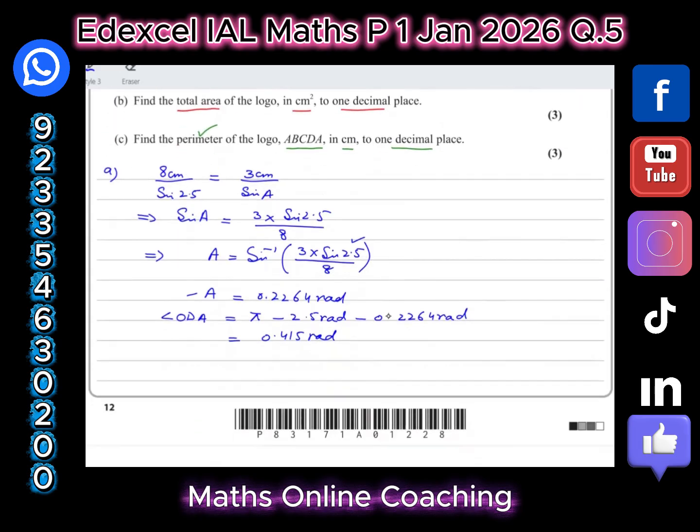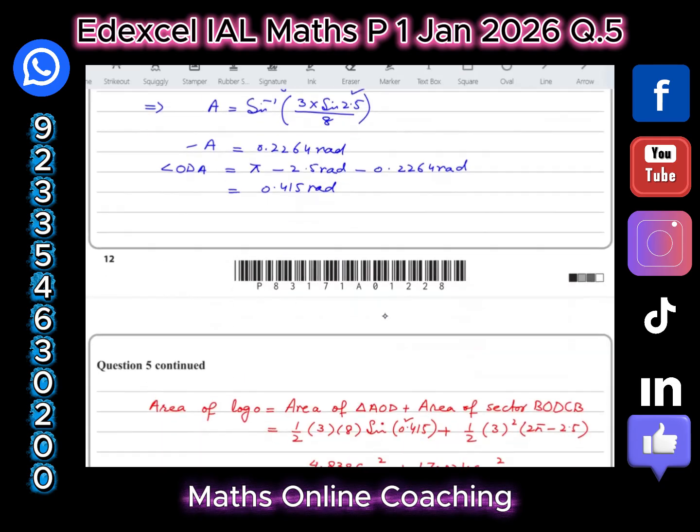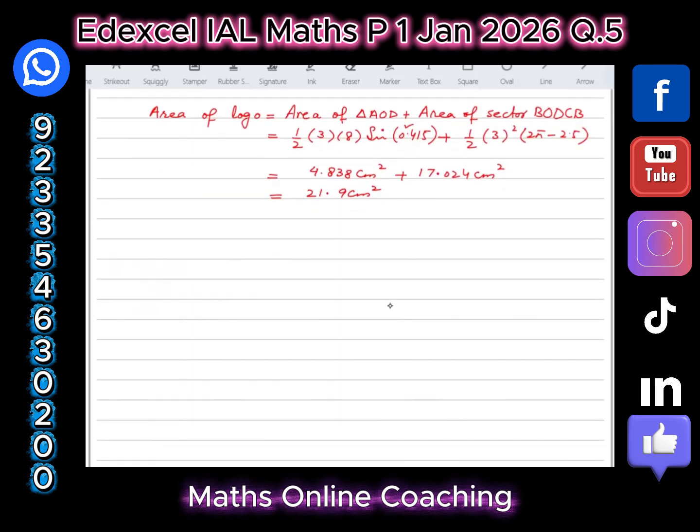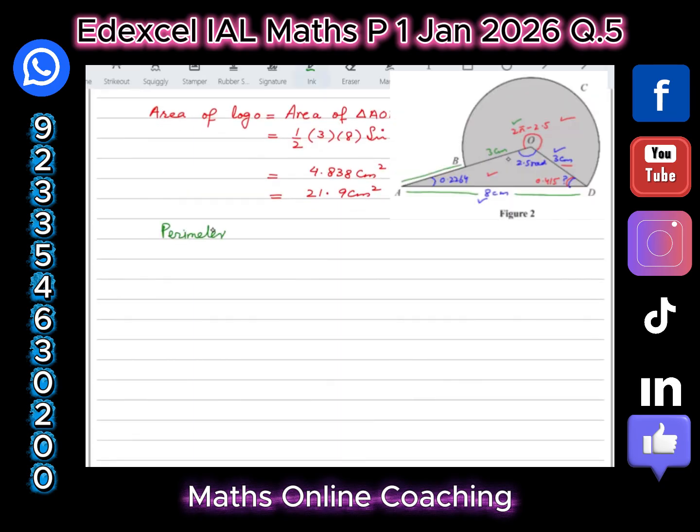Now let us start the calculations. Perimeter of logo is equal to AD plus arc length DCB plus AB. Now AD is 8 centimeters.